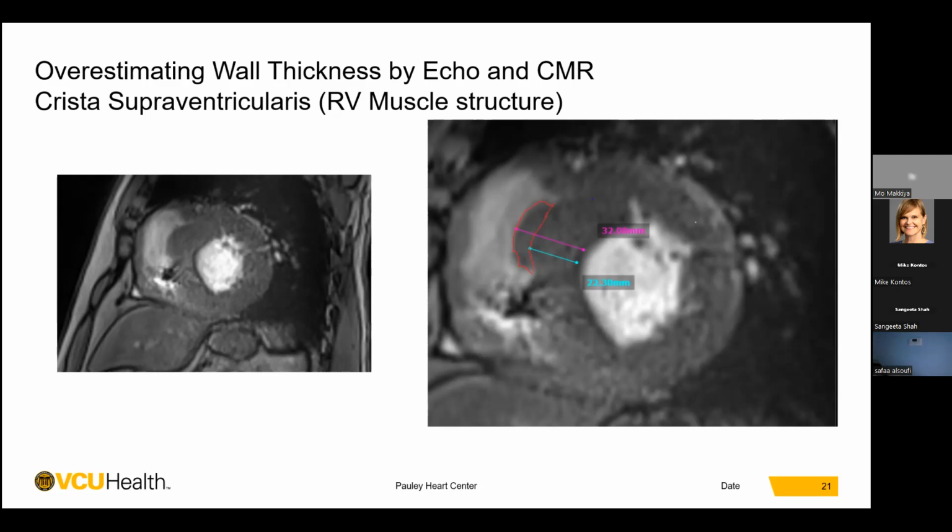And if we include that in our measurements, as we see in this picture, we can really overestimate our LV thickness to the point that it crosses 30, which signifies risk of sudden cardiac death, versus this being just overestimation because of the crista supraventricularis. Very difficult to identify these in echo, versus MRI, where you can really tell where the crista supraventricularis is, and you can measure accurately.